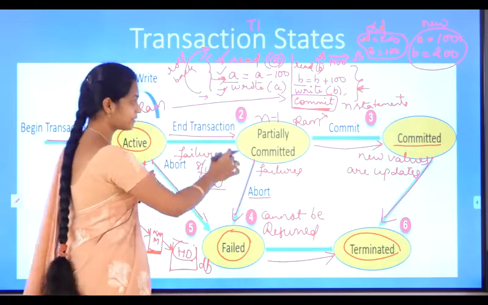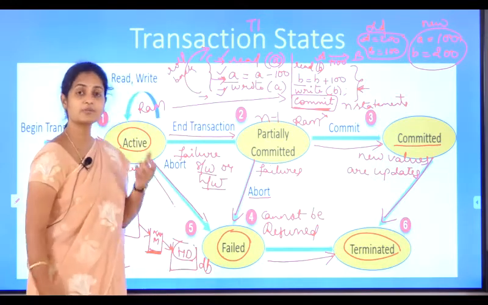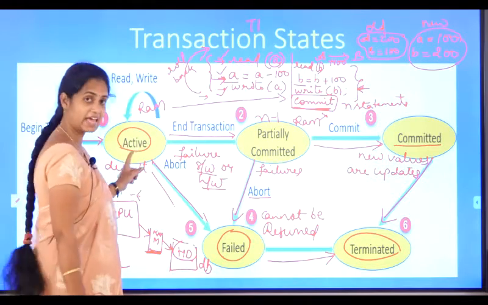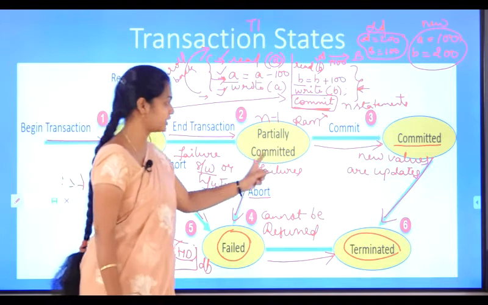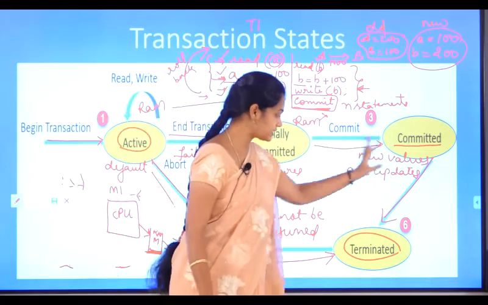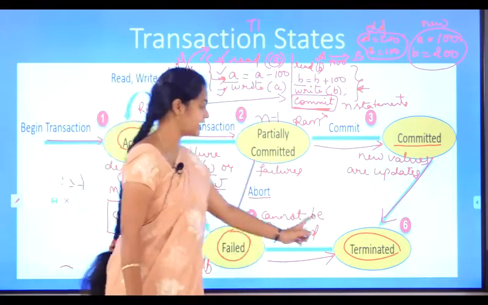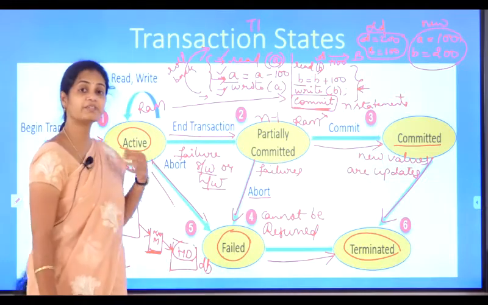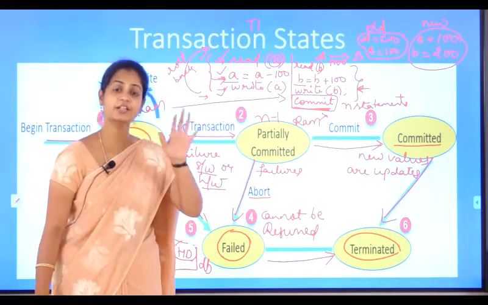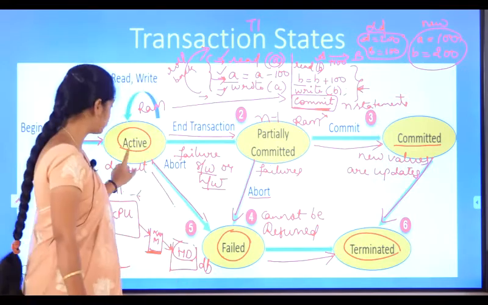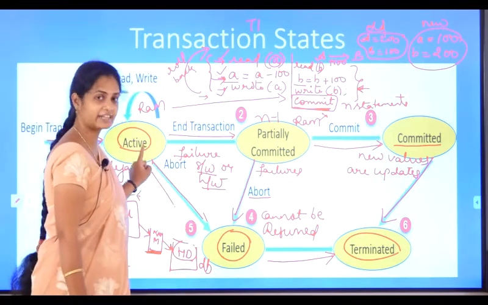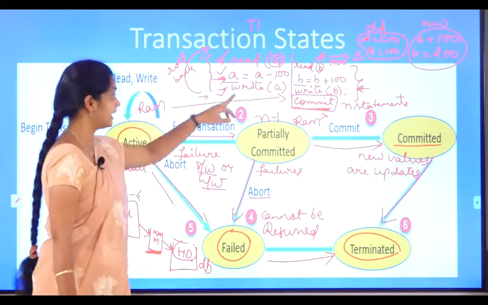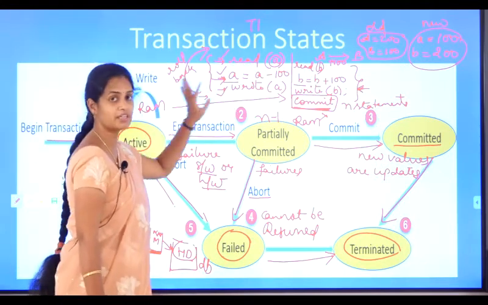Let me summarize quickly. How many states do we have in a transaction? One is the active state, partially committed, committed state, failed state and terminated state. Active state is when we initiate the transaction; by default it will be in an active state, meaning we are initiating execution of the instructions.